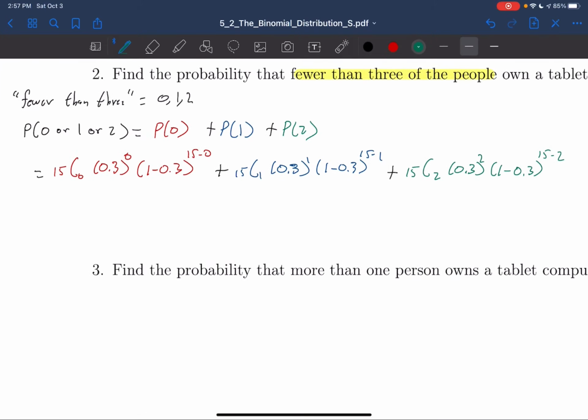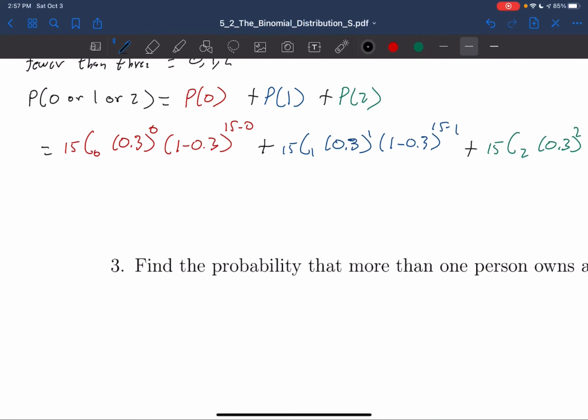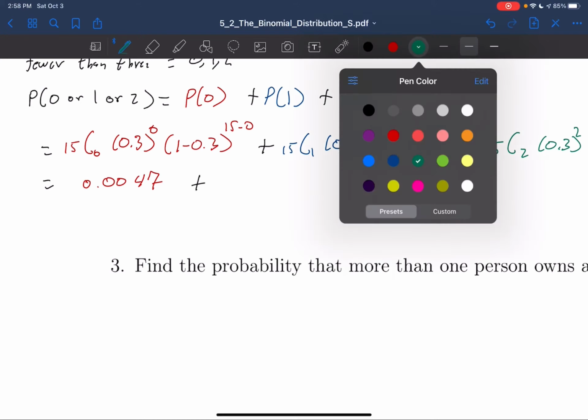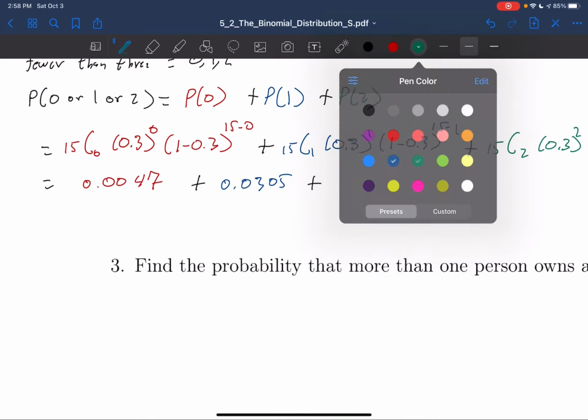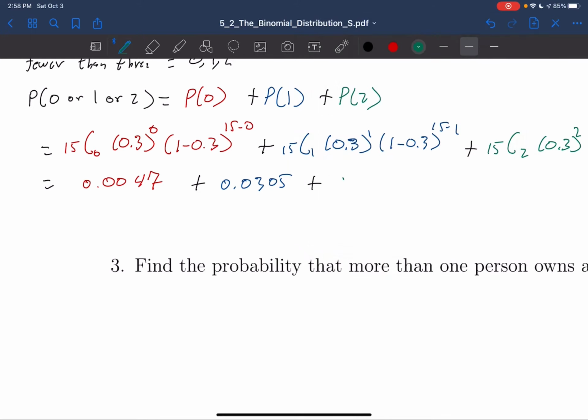So if you do this correctly, this is going to be equal to 0.0047 plus 0.0305 plus 0.0916.